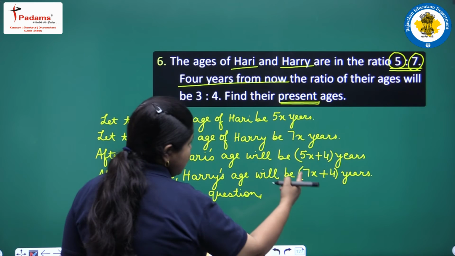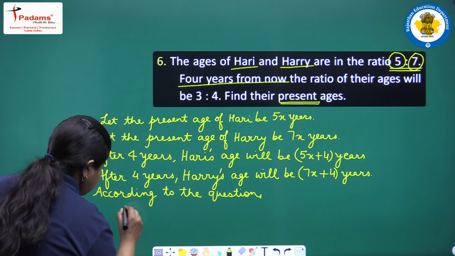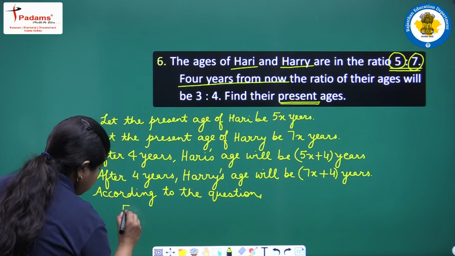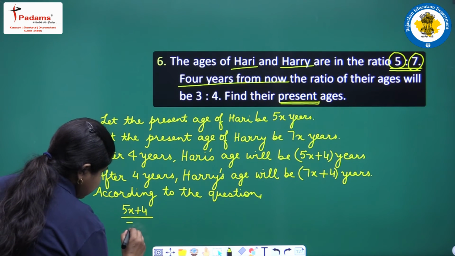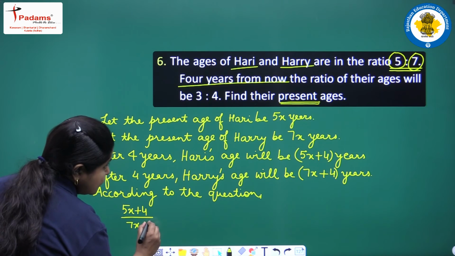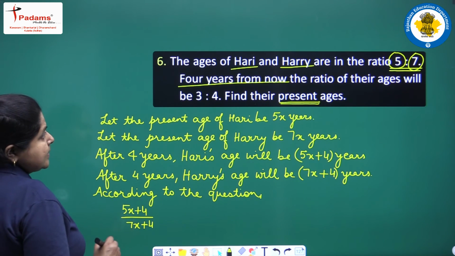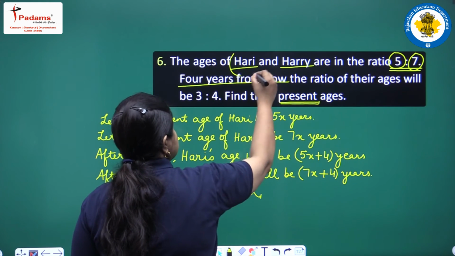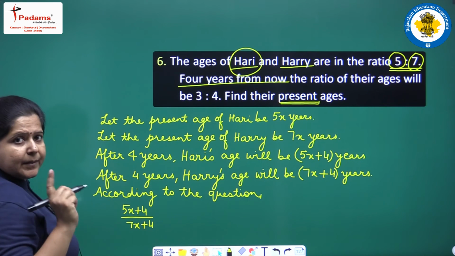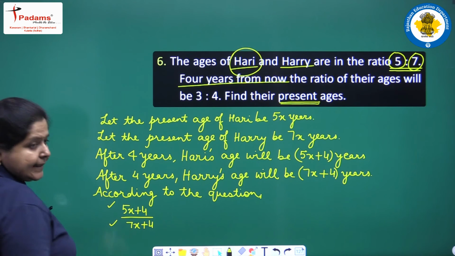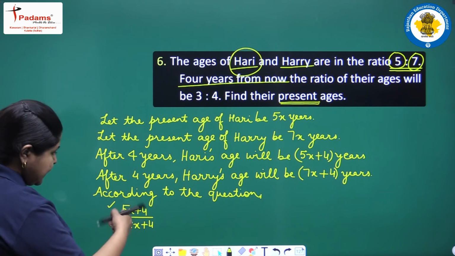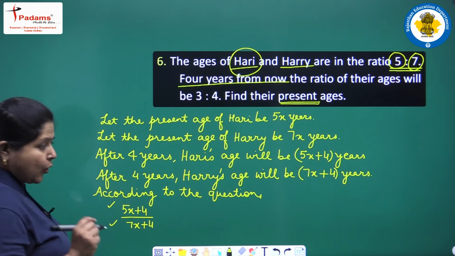What will be the ratio of this age? Simply divide the two, (5x + 4)/(7x + 4). Since the name of Hari has been given first, we will take his age first and then Harry's age. Don't take it in the reverse way, then it will be wrong.